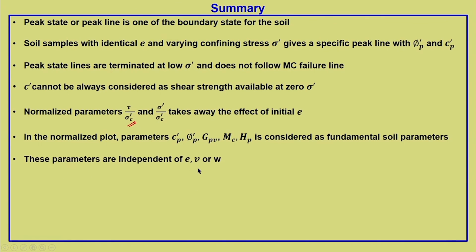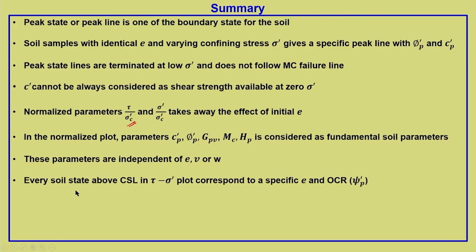These parameters are independent of E, V or W. Every soil state above the critical state line in the tau sigma dash plot corresponds to a specific E and OCR, that is psi dash P.